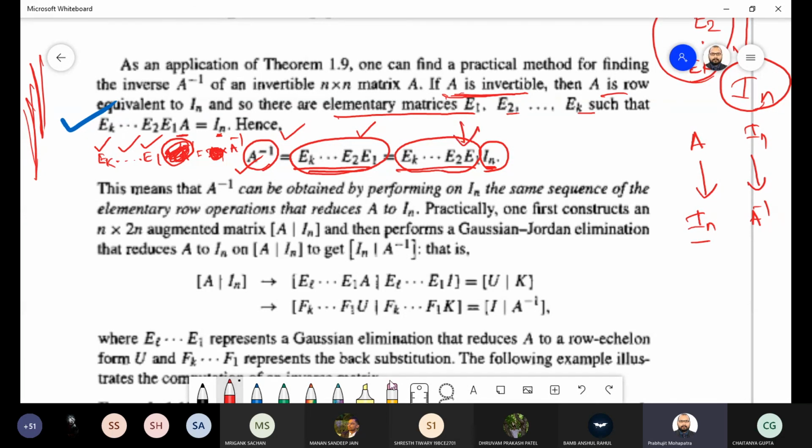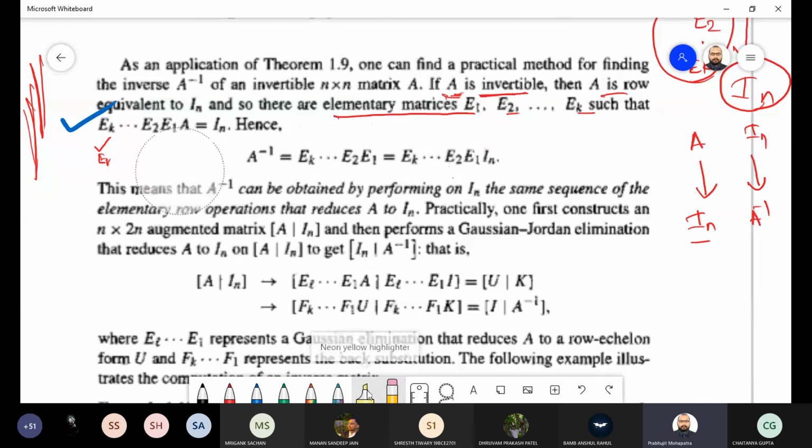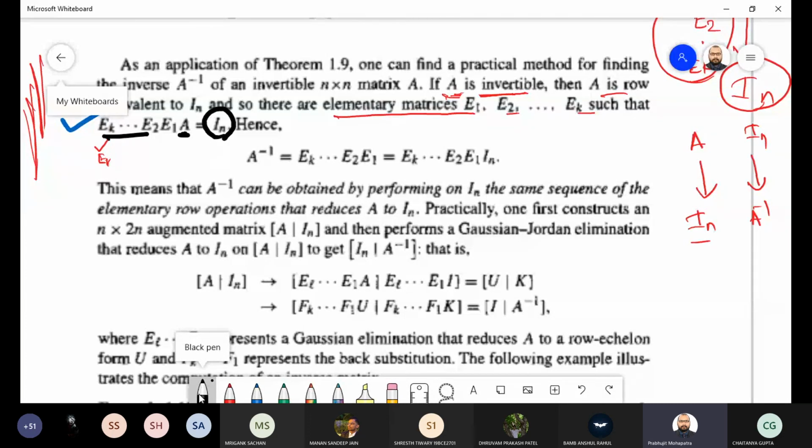It is saying that, let me erase everything. What it is saying is that from A we got the identity matrix.